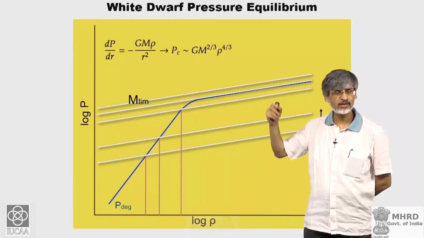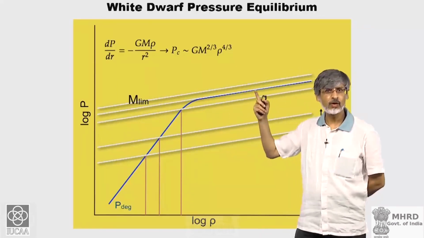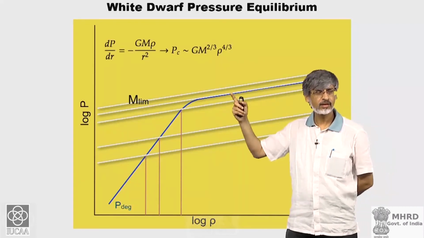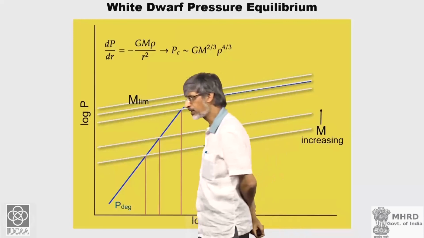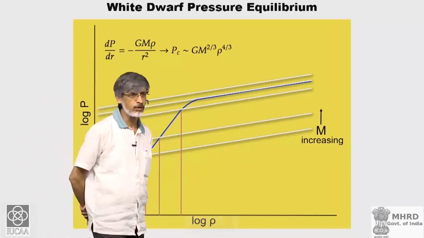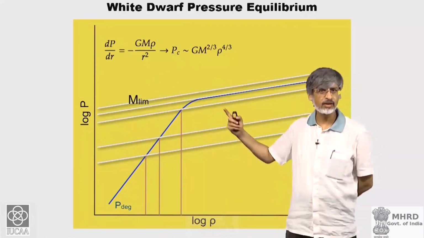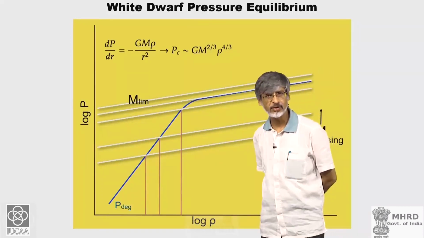Now, you can go to a mass which is even higher, where the requirement will now go above this maximum line that you can reach. So, for a mass like this, electron degeneracy pressure actually is not able to provide any stable solution, because there is no intersection between this blue line and this white line above it.